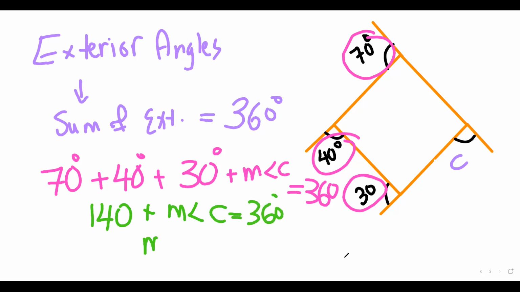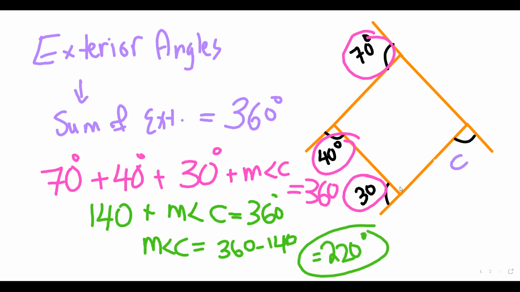So the measure of the angle C will be 360 minus 140, which is 220. So this is what we do if we have exterior angles. Is it clear?